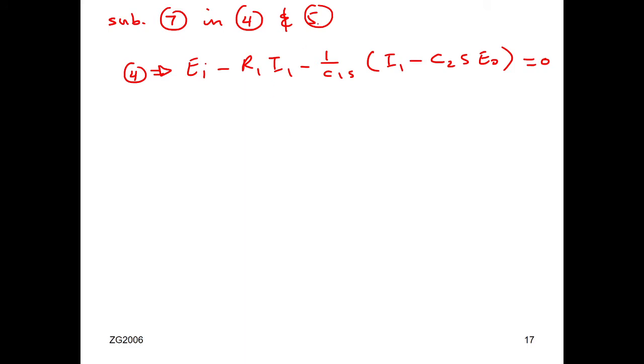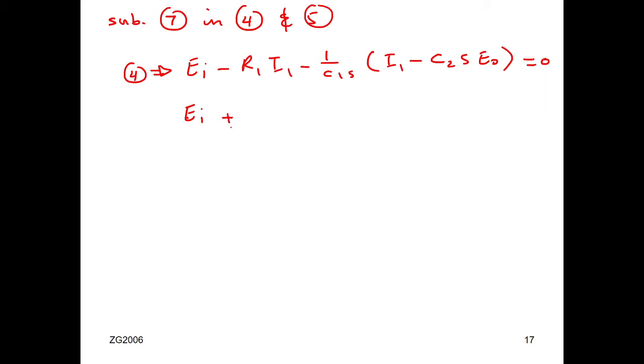Before we substitute in 5, let's solve for I1 from here. Let's simplify it before we jump to equation 5. I'm going to solve for I1 from here. It's going to be EI on one side, and E out we can leave also.